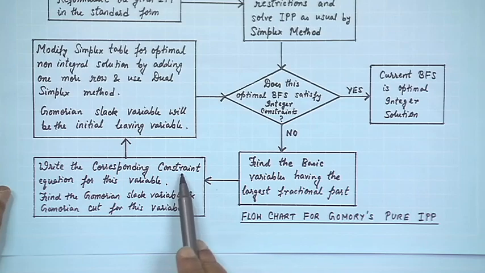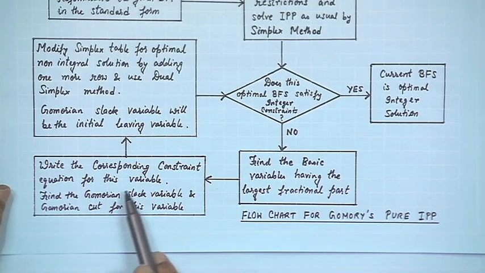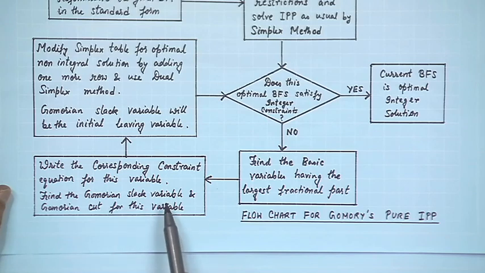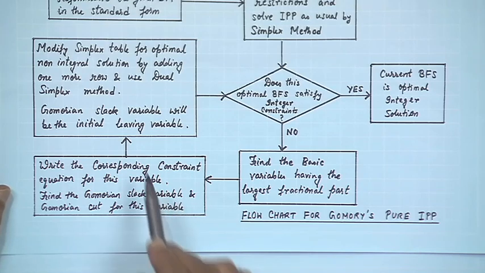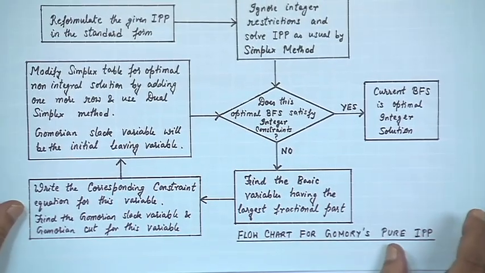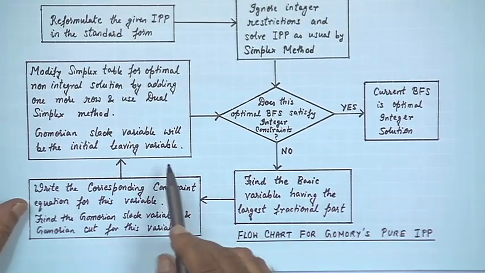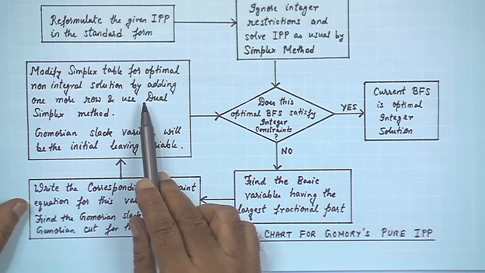Write the corresponding constraint equation for this variable. Find the Gomorian slack variable and Gomorian cut for this variable. This we will show whenever we go through the example. Then modify the simplex table for the optimal non-integer solution.